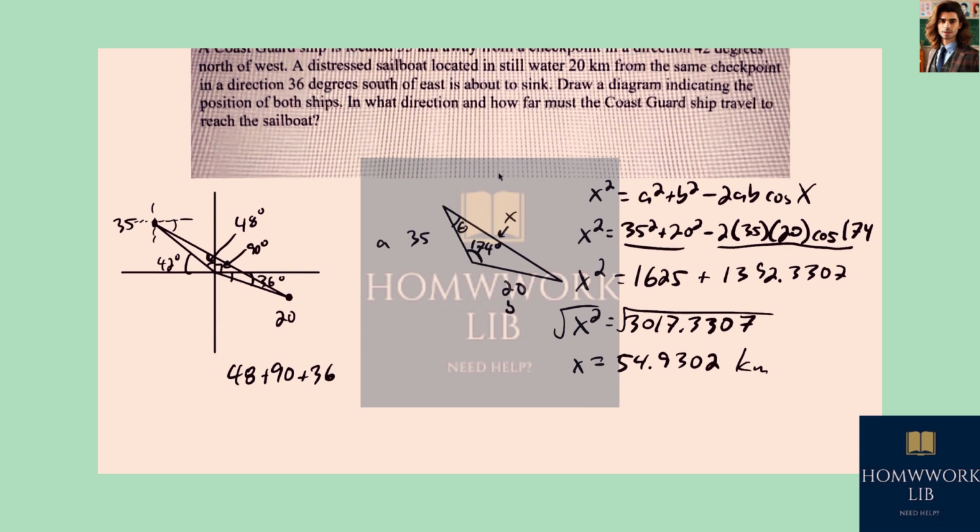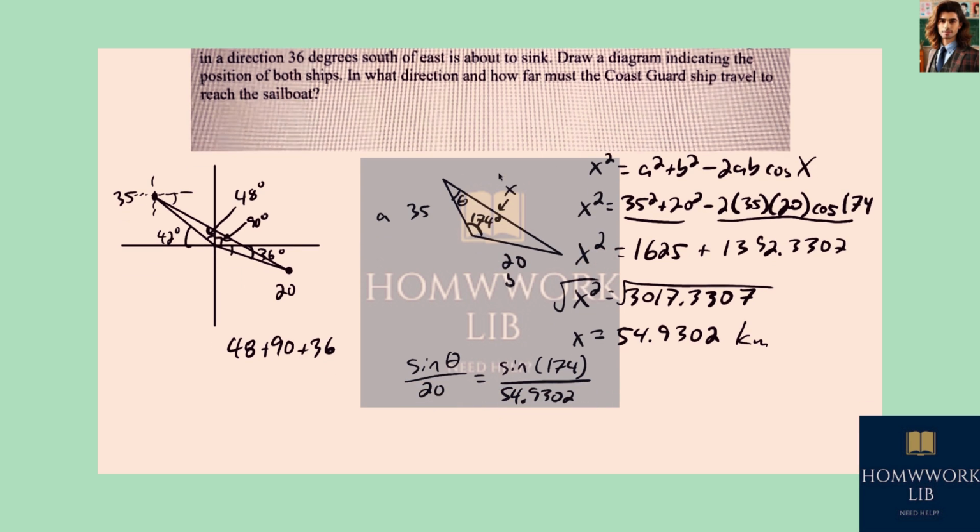Using the law of sines, I can do sine of theta divided by 20 is equal to sine of 174 divided by 54.9302. Multiply both sides by 20, and I'm going to take the inverse sine here. So that's going to be inverse sine of 20 times the sine of 174 over 54.9302.